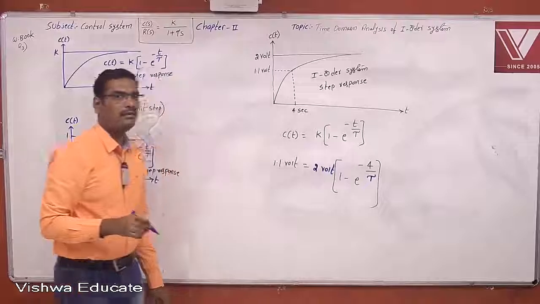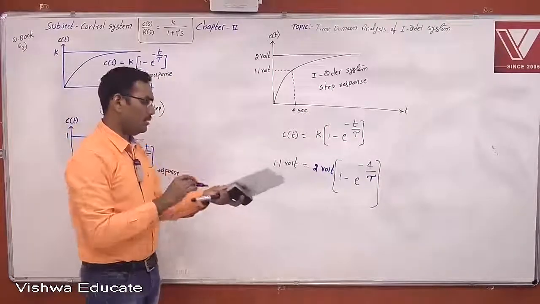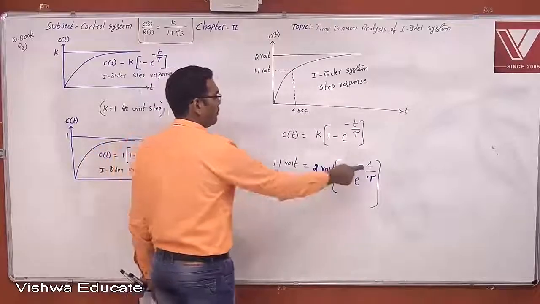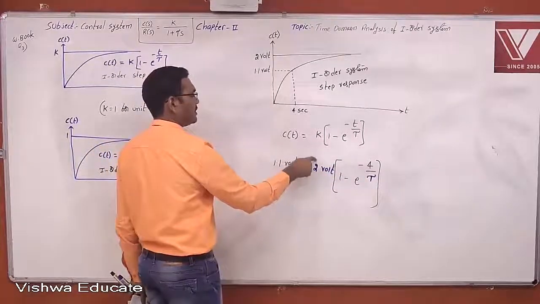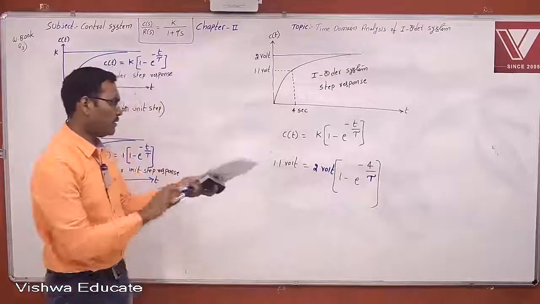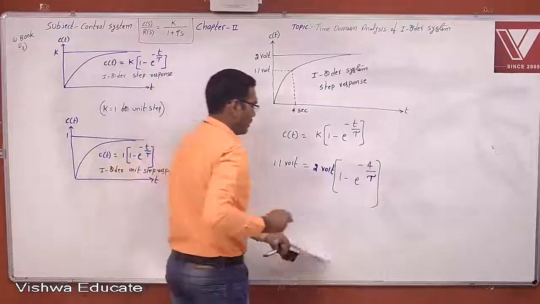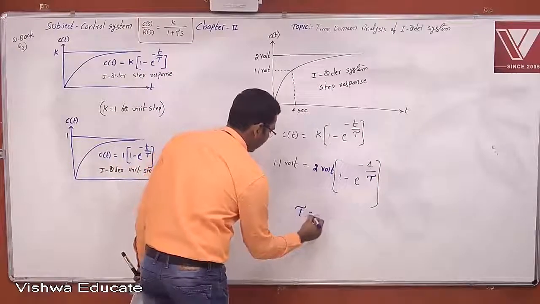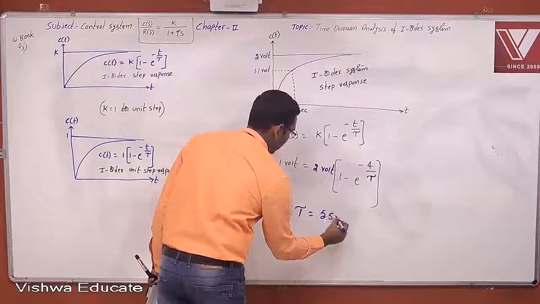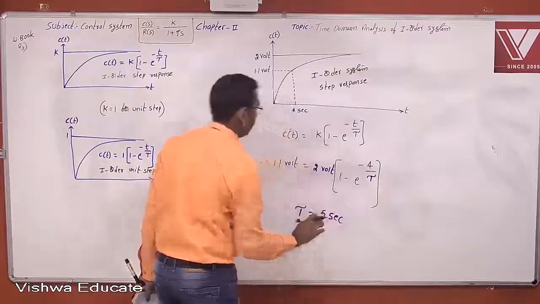What is the system time constant? Simplify this and you can get the system time constant. I think this is some 5.0 something, approximately 5 seconds. I think just check it.